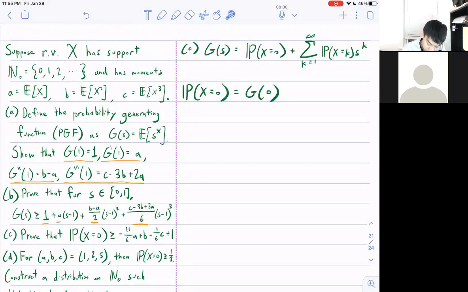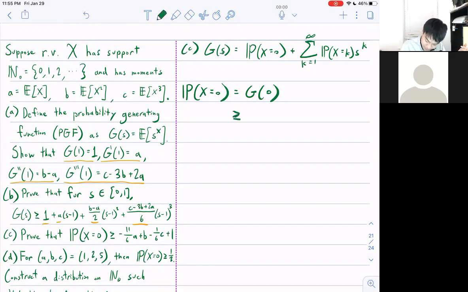Now, by part B, we proved this inequality is true for all values between 0 and 1, and 0 luckily is just on the other side of the interval. So we're able to get this inequality by doing a Taylor series expansion around 1, but it's true for any value between 0 and 1, and then we take the opposite point of this interval, to give us this inequality, which I think is pretty cool.